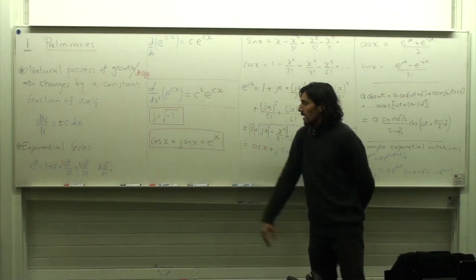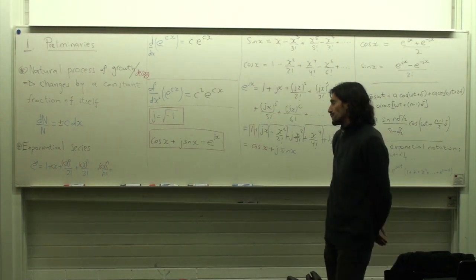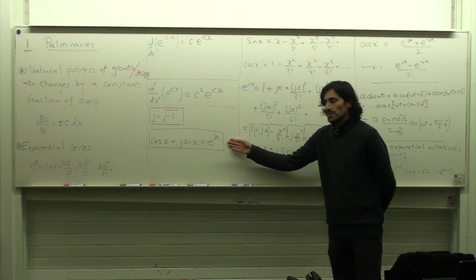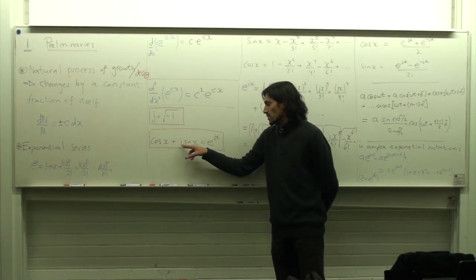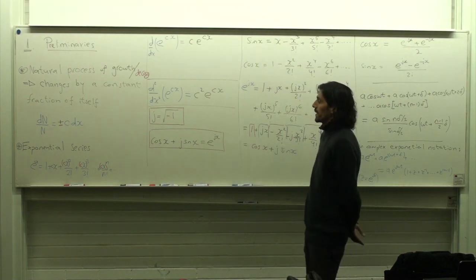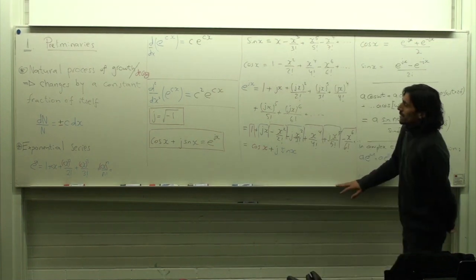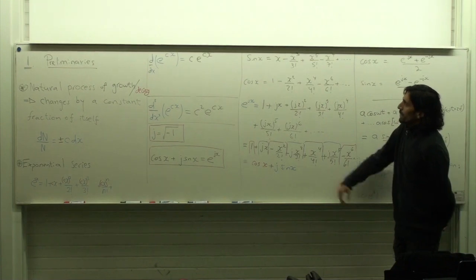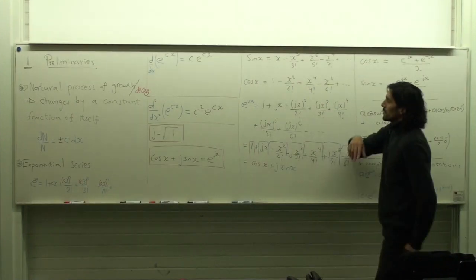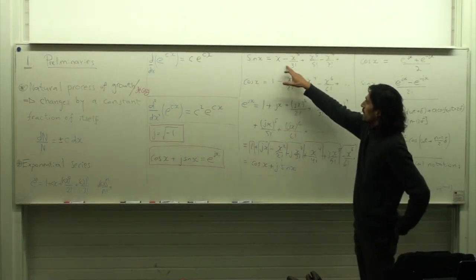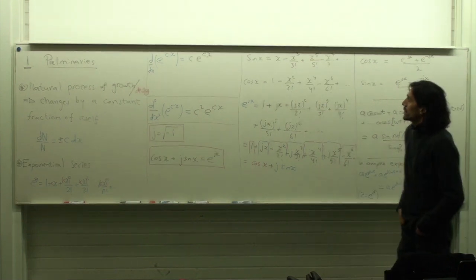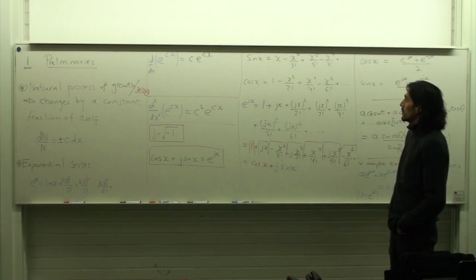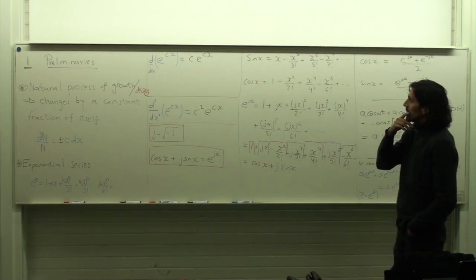j is defined as the square root of minus 1, and this is Euler's identity: cosine x plus j sine x equals e to the power jx. We can describe sine x also in terms of a series, so it would be x minus x to the power 3 divided by 3 factorial plus x to the power 5 divided by 5 factorial minus x to the power 7 divided by 7 factorial and so on.